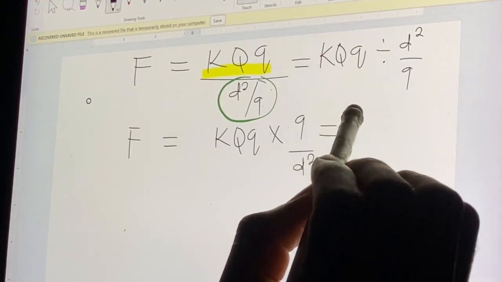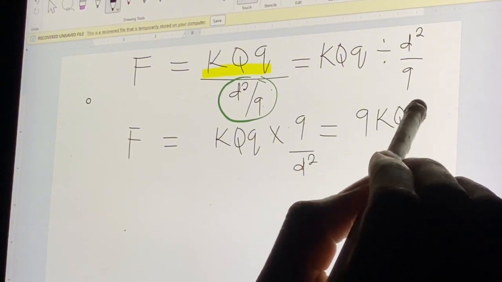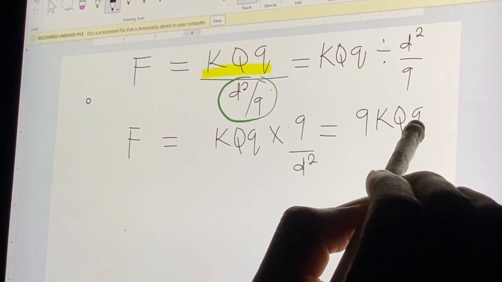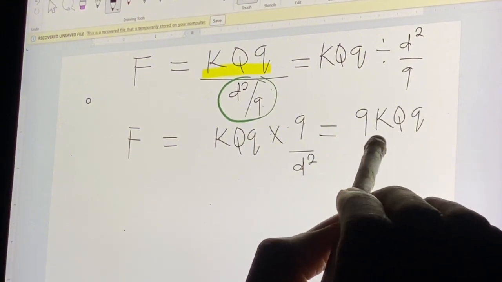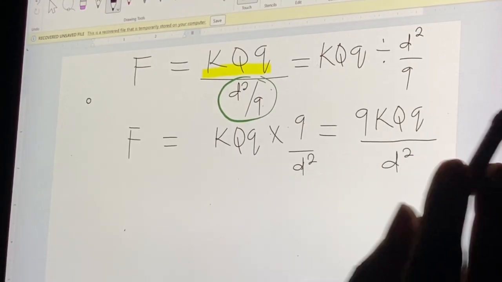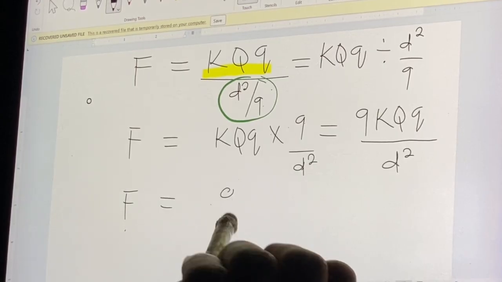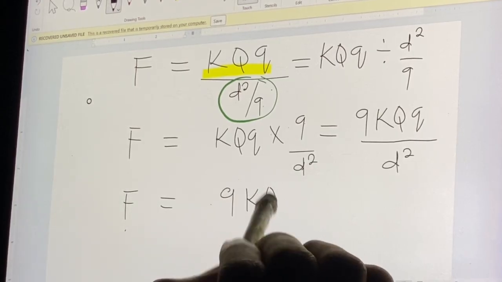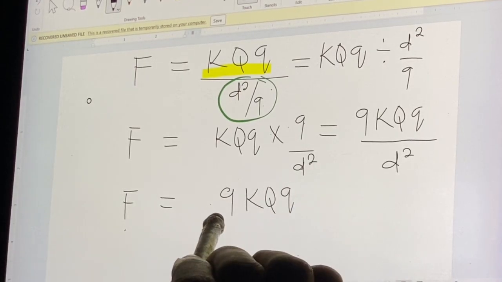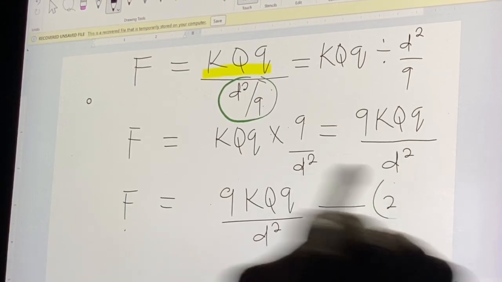So I will have plus 9 K capital Q times small letter q over d square. So our second force is equal to 9K capital Q small letter q over d square. This will give us equation 2.